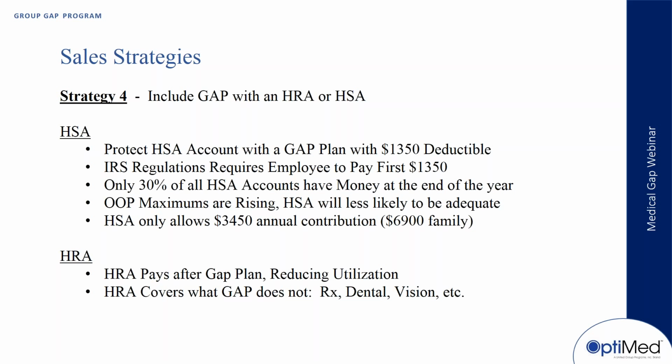So essentially, the employee would pay for the first $13.50 of expenses, and then the GAP would pick stuff up after that, right? So they would put money into their health savings account to cover that $13.50 every year, and then the GAP program is going to cover. So if you get hospitalized, don't worry about it. We have a GAP benefit that will cover the remainder of what you owe, so that you only have to worry about $13.50.